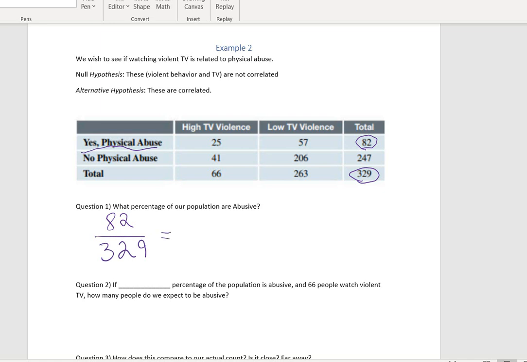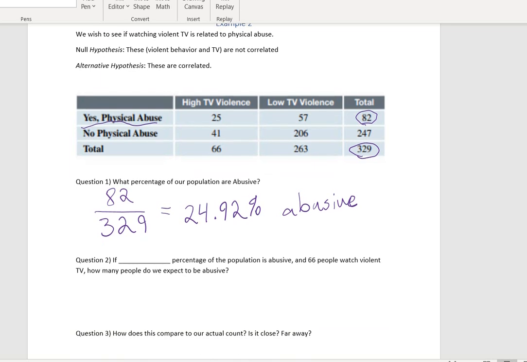So my sample leads me to believe that 24.92% of all people will have abusive behavior. Okay? And remember, when I gathered these totals up, I took them from people that watch high violence TV and low violence TV. So that means that 24% of the whole population, I think, is going to be abusive.